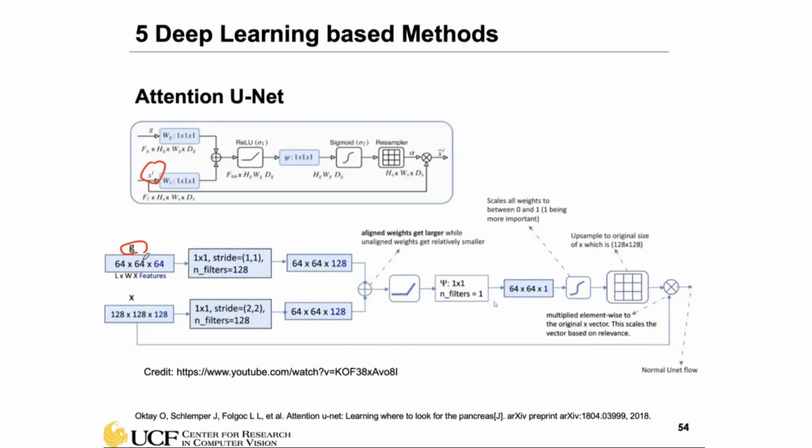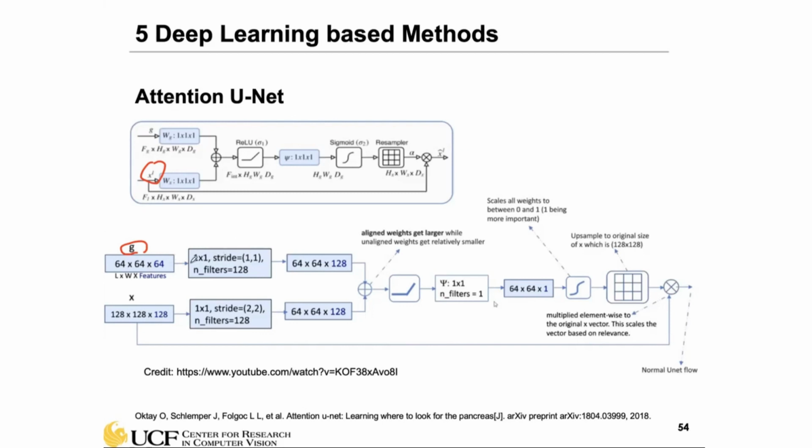We can make the height and width the same, or symmetric. But even if you have a different spatial resolution, we can have some processing to make it the same. In this case, these two sets of features, G and XL, go to this 1-by-1 convolution.